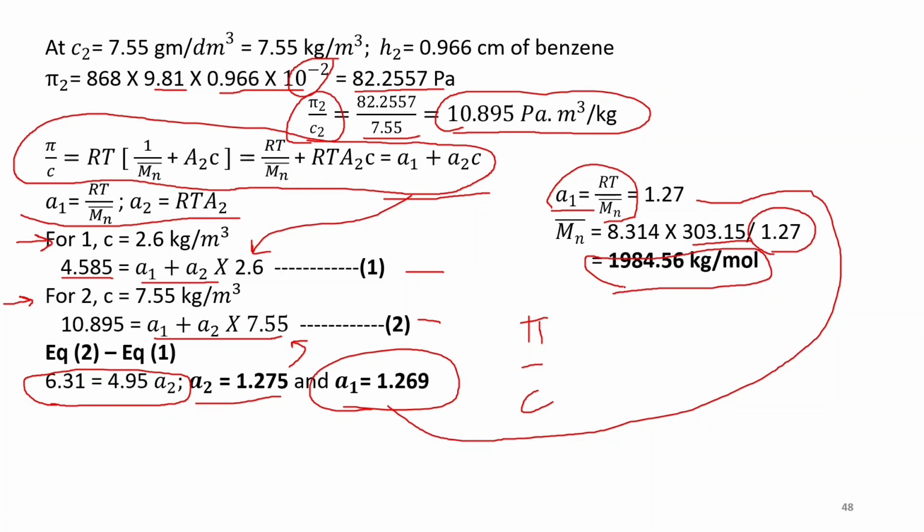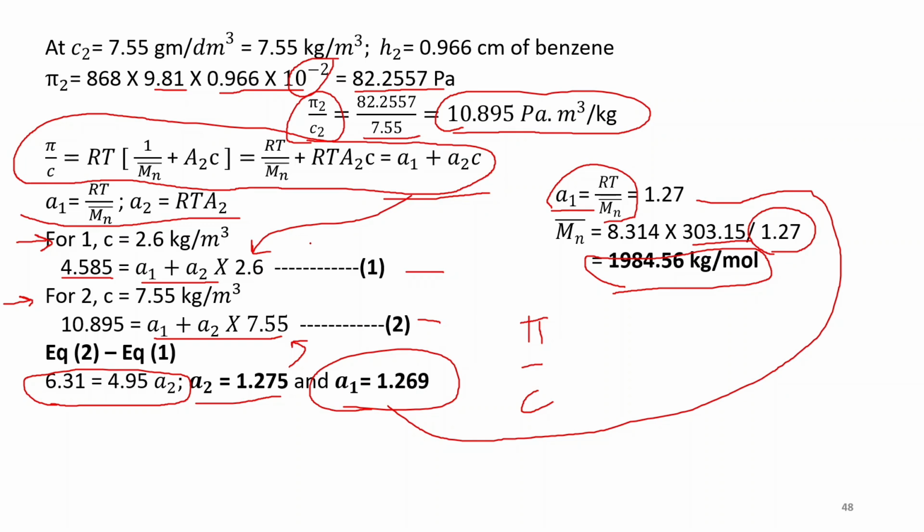So what we did is, we already know the formula pi by C is equal to RT by Mn bar plus RT A2C. From this we can calculate the number average molecular mass, right?